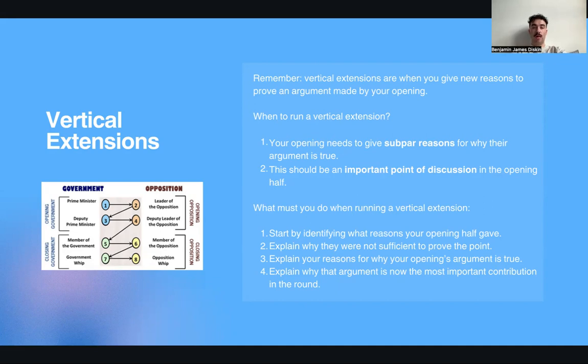I'll note now that you can run as many extensions as you want at closing, but it is generally recommended that you only run 1 to 2.